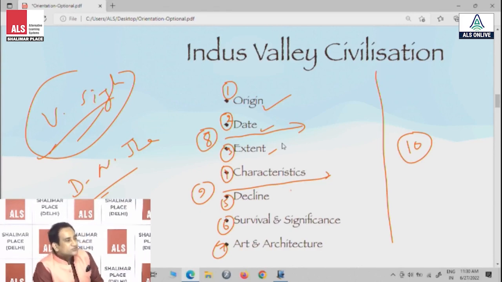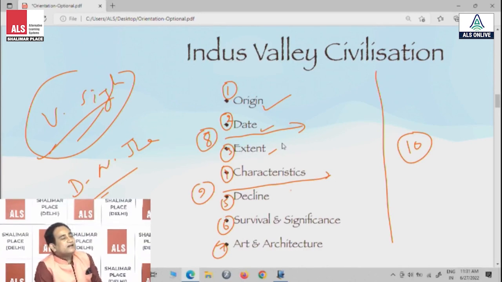The problem with history graduates is also that they know Indus Valley Civilization, but they have not arranged their ideas according to the syllabus of the civil services examination. They have not arranged their ideas according to the demand of this examination. In our classes, what would we be doing?